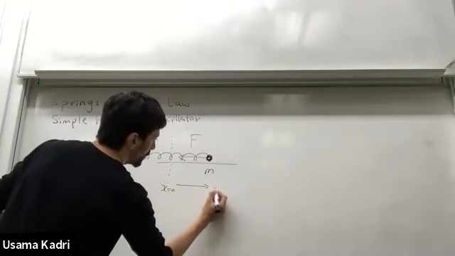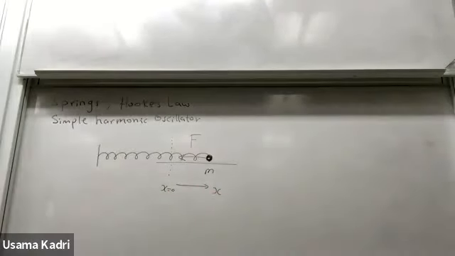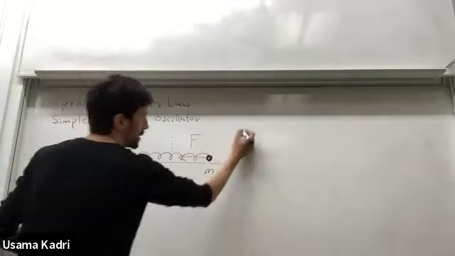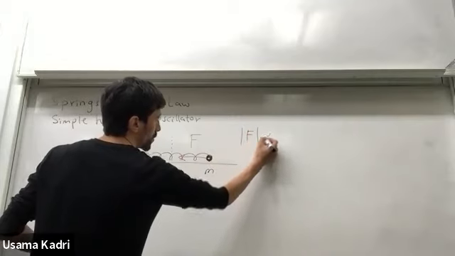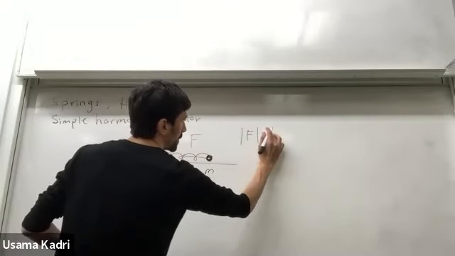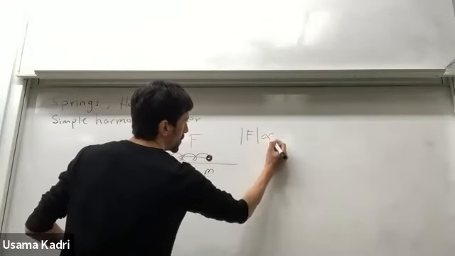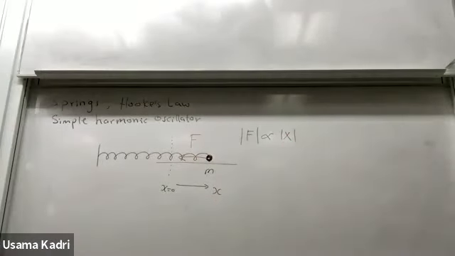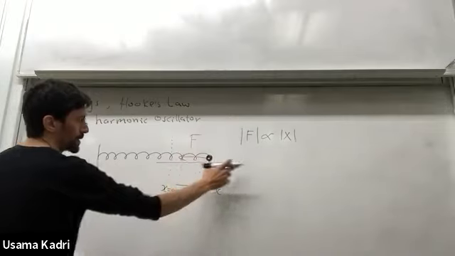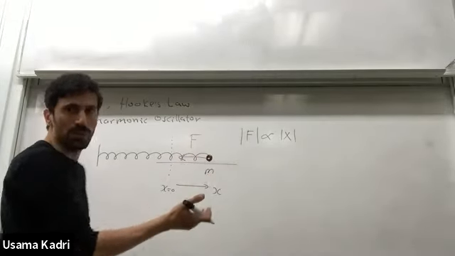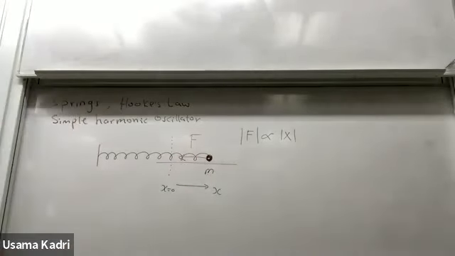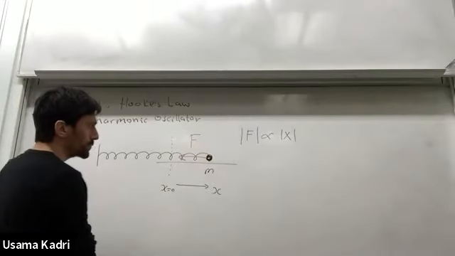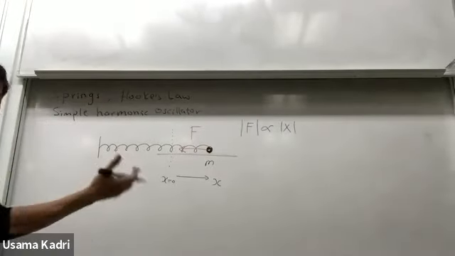and this is an increasing value of x. This is my choice. And it is an experimental fact that the magnitude of the force is proportional to the extended length. So if I double this length, the force will double, and so on. So we can write: force is a vector first.